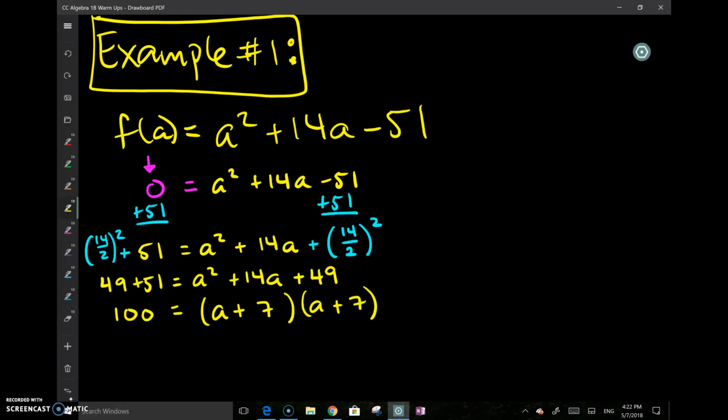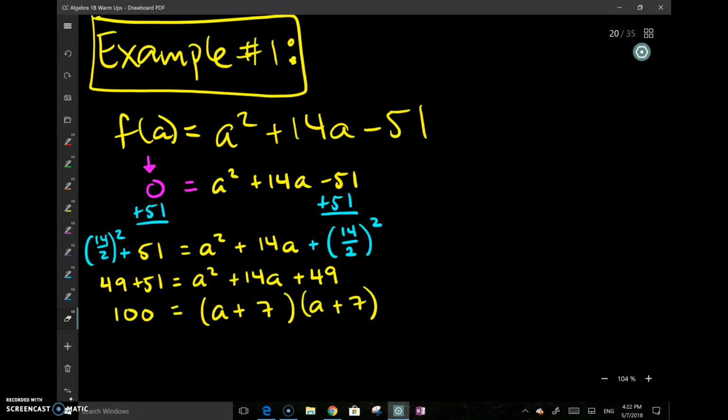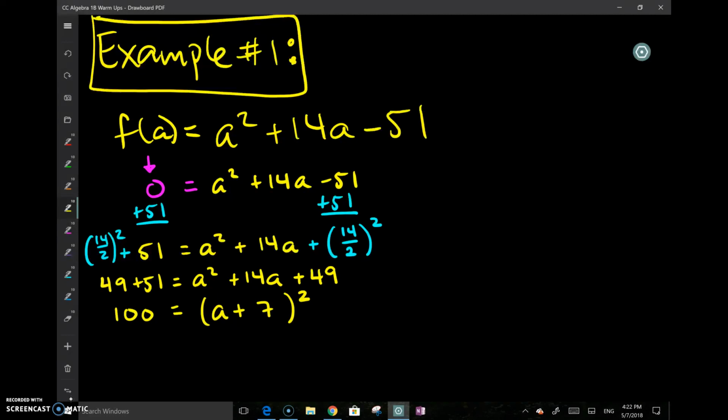If you know something about the laws of exponents, like with x times x, you would simply write this as x squared because it's a shortcut or easier way to write it. Well, the same applies to binomials. So rather than writing two a plus 7s, I could shortcut this and simply put one group of a plus 7 raised to the second power. And that second power represents that I have two groups of a plus 7.